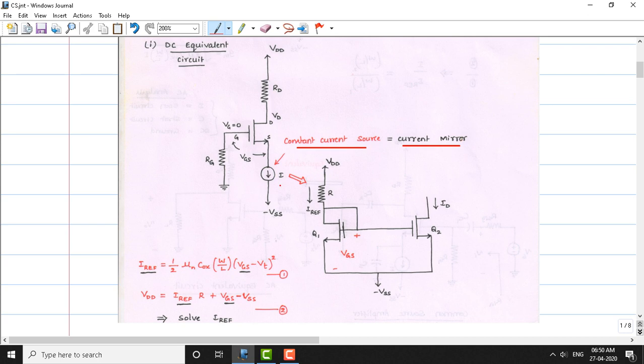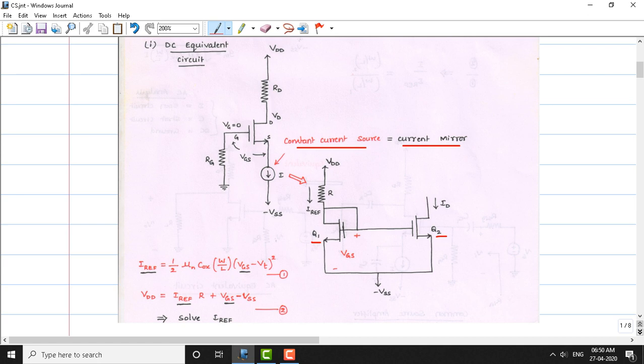If we expand this circuit, we can see the current mirror circuit is made up of two transistors, namely Q1 and Q2. The reason for using constant current source biasing is that the current required to flow in this branch is controlled by this current source. Therefore, this current source can be adjusted according to the required value.